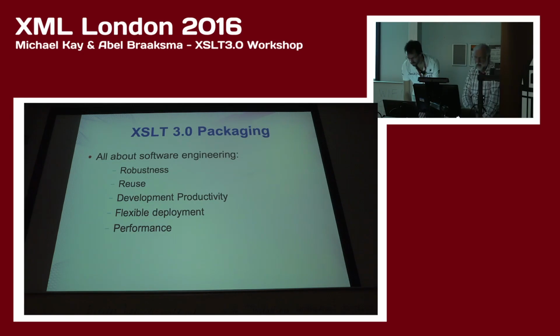So let's look particularly at packaging. The objective in packaging is all about software engineering. It's about making XSLT code more robust, more reusable, making development of code more productive, giving you more flexibility as to how you deploy code, because you don't just use a style sheet in one place. You have to ship versions of style sheets around the place.